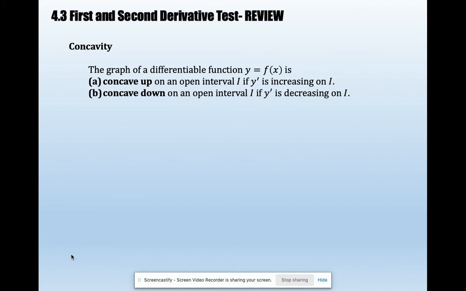Concavity review. You don't talk about concavity or points of inflection at endpoints, so we're only talking about open intervals. If you're concave up, the first derivative is increasing. So if you know y prime is increasing, you know you're concave up. That's the first derivative test for concavity.